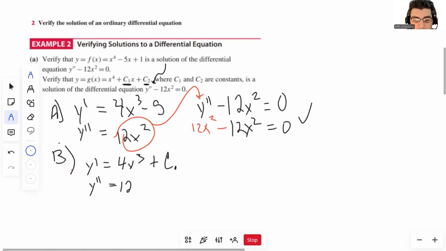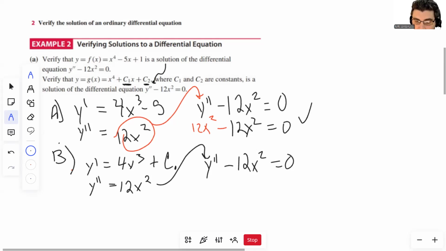And then the second derivative here is 12x squared. Similar thing, we're substituting it into the equation y double prime minus 12x squared equals 0. So when we substitute that in, you end up getting 0 equals 0. So the equation is satisfied.